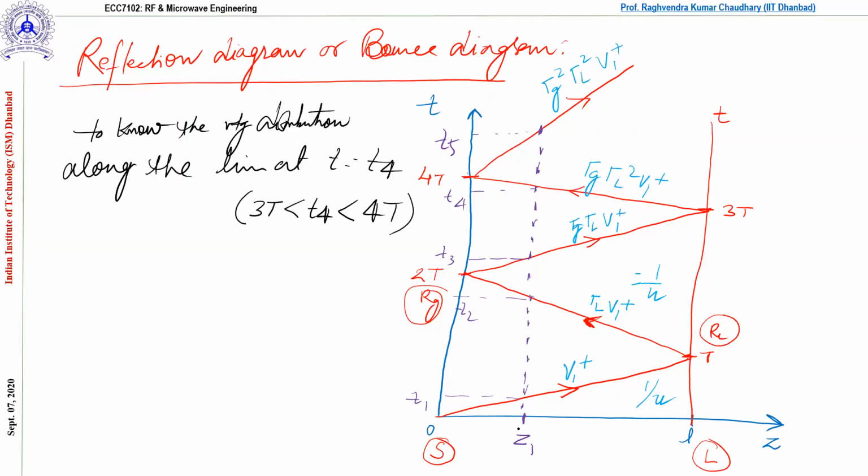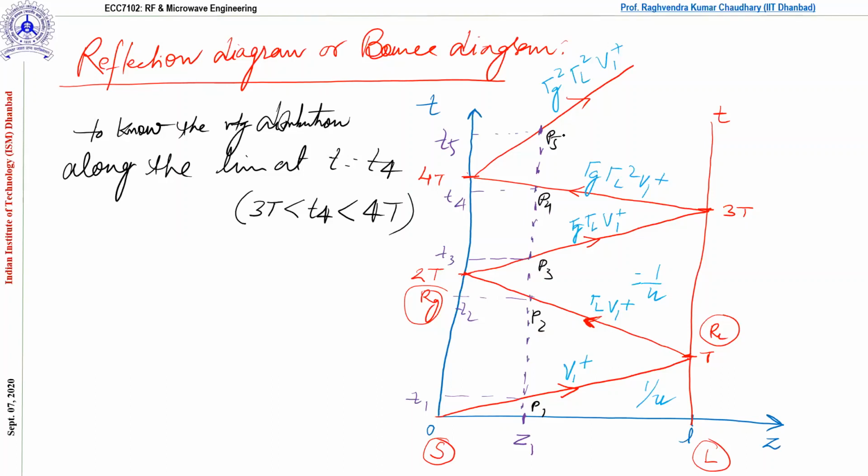Okay. So you can see here that this vertical line cuts the axis at different locations. So let's mark here. Let's call it P1. This is P2. This is P3. This is P4, and this is P5. Fine.